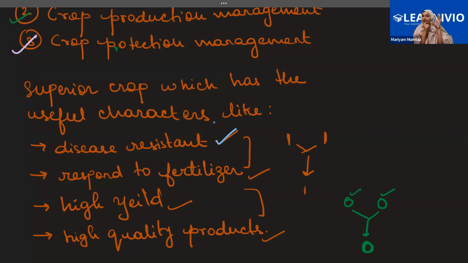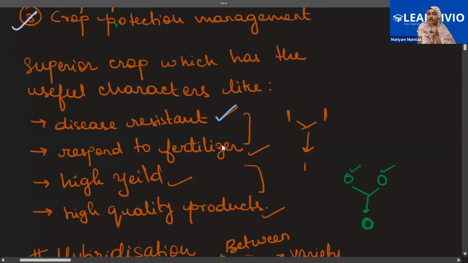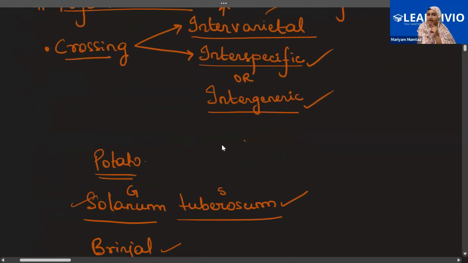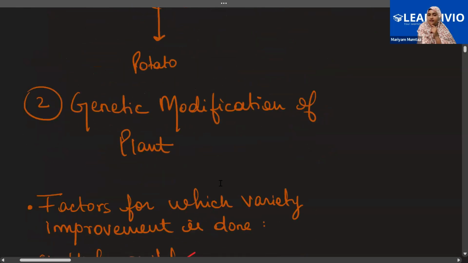For example, plant A has disease resistance, meaning it is resistant to all the diseases. And plant B has a high yield. Then we take their seeds and cross them together. So the product plant that is made would have disease resistance and also a good quality yield. So that is hybridization, meaning it is the crossing between different species, between different genus of the plants.